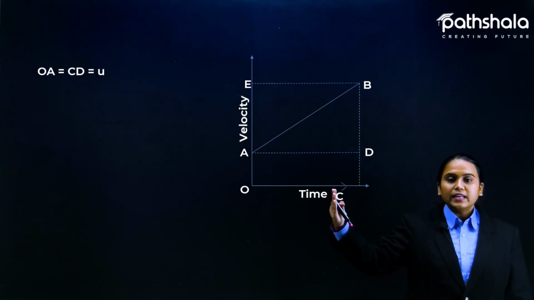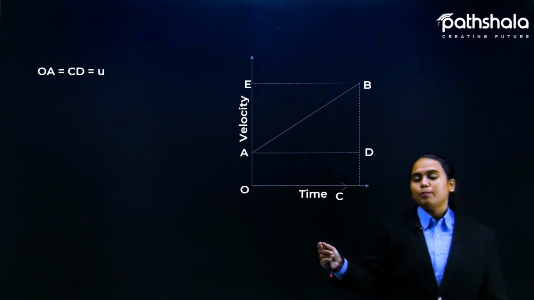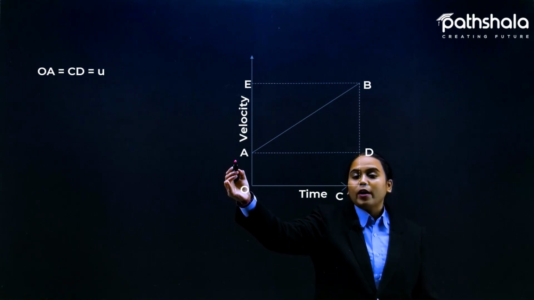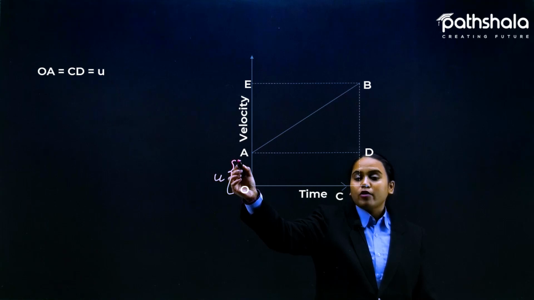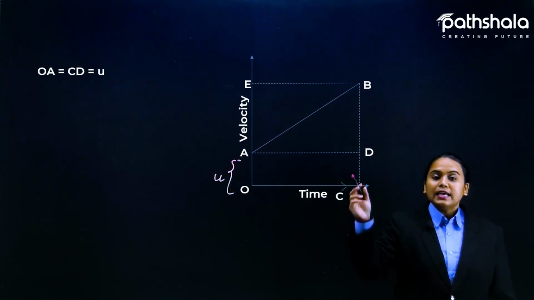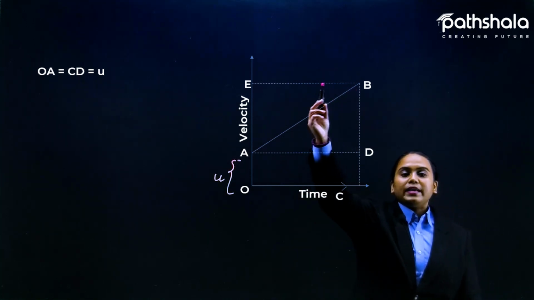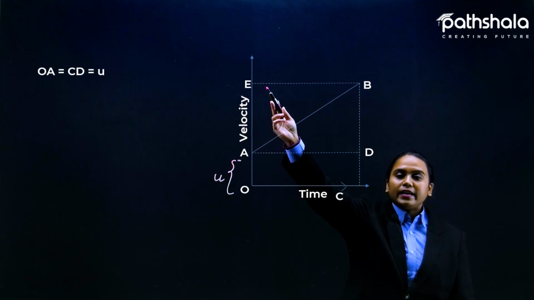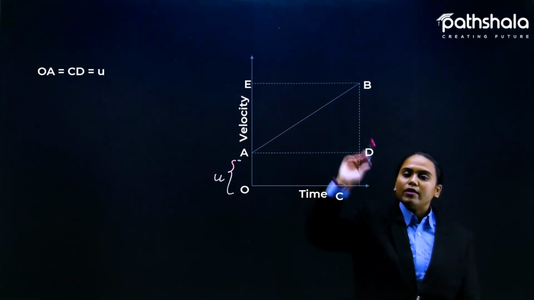So we can say that OA is the initial velocity, because at this initial point you have U. It is starting from this position A. And wherever B is ending, it is combining at the E part. So E is the final velocity.